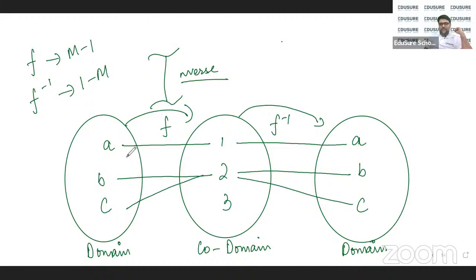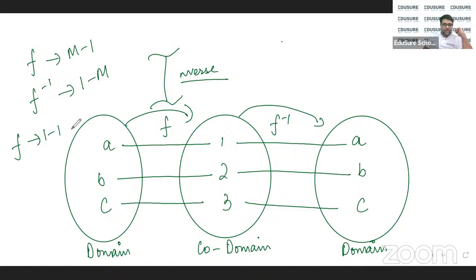This is many to 1. F inverse becomes 1 to many. If F is 1 to 1, F inverse remains 1 to 1. ठीक है?